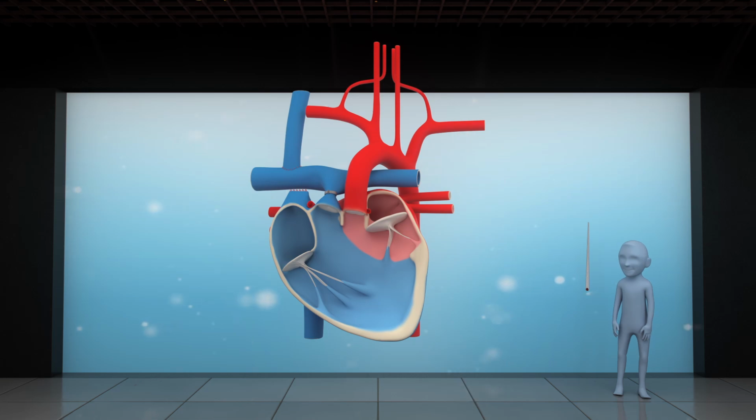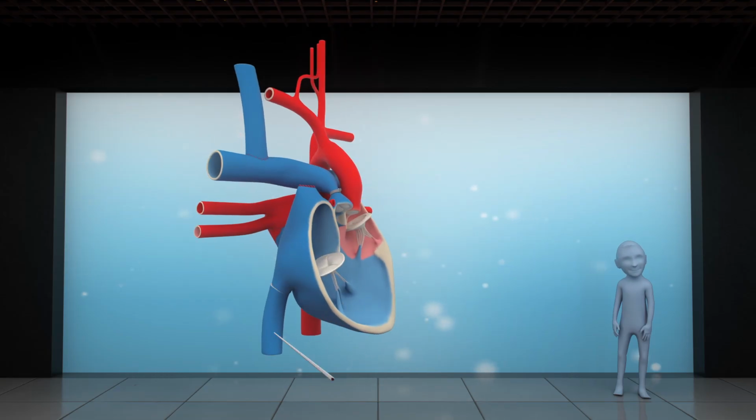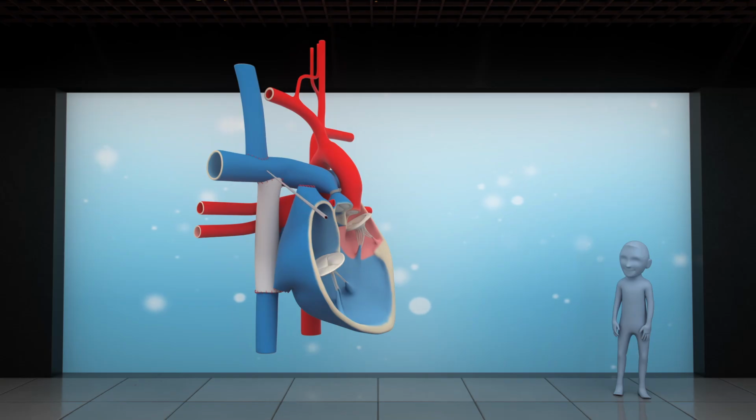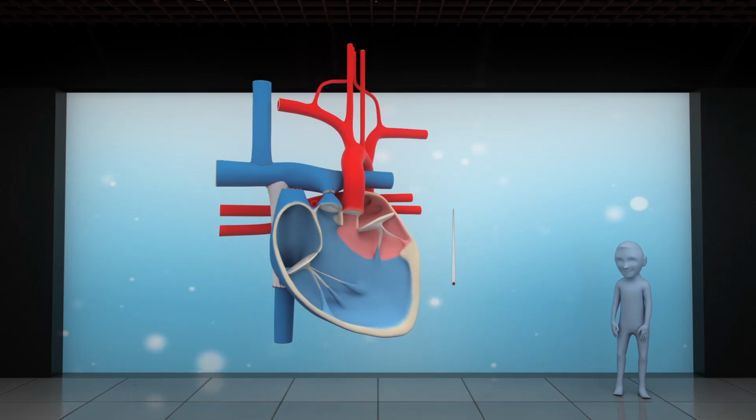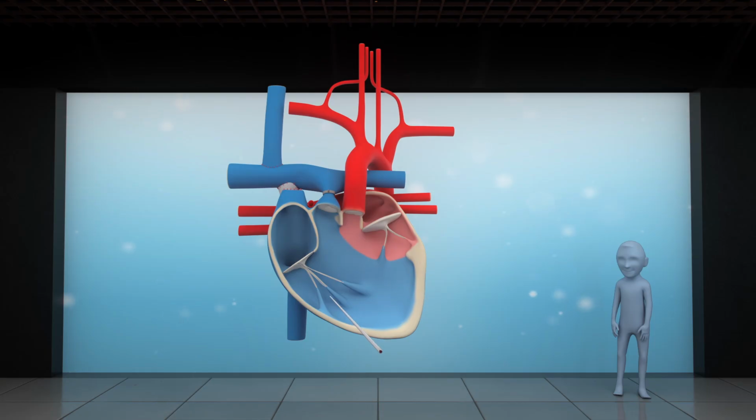Nowadays, the way in which this operation is most commonly done is that the surgeon directs the blood returning from the lower half of the body through the inferior vena cava into the pulmonary arteries through a tube, sometimes called a conduit. Again, it's important to emphasize that there is no ventricle pumping blood through this conduit.